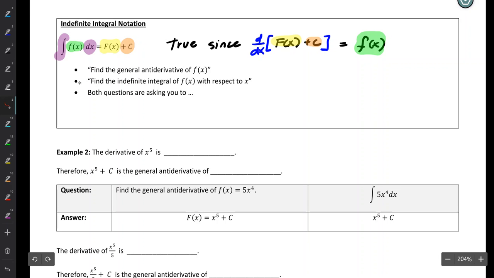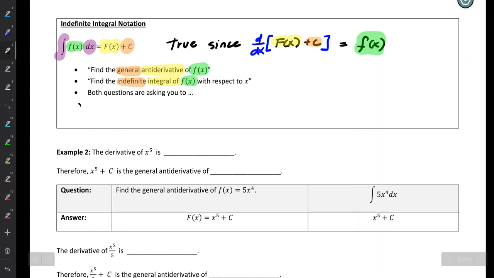So we've asked you to do this before by finding that general antiderivative. Go find big capital F of x plus c, and we give you the function f of x. Or I could say in English, find the indefinite integral of f of x. That's how we read this. Both of these questions are asking the same thing.